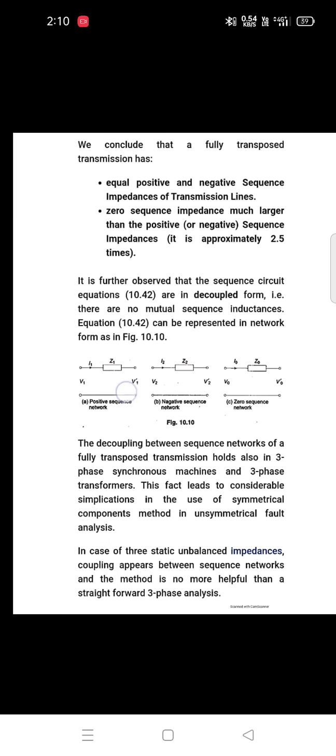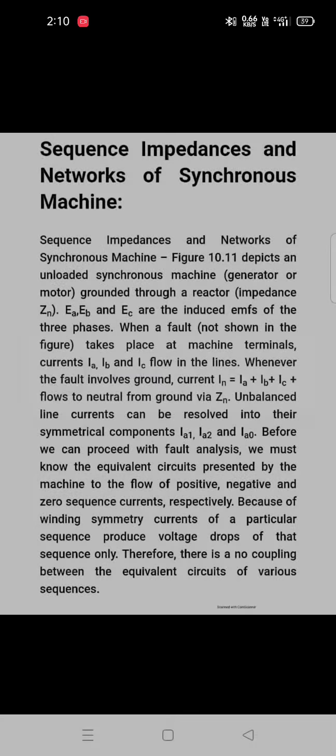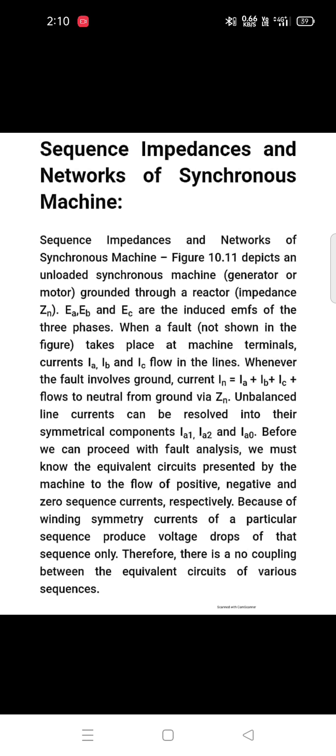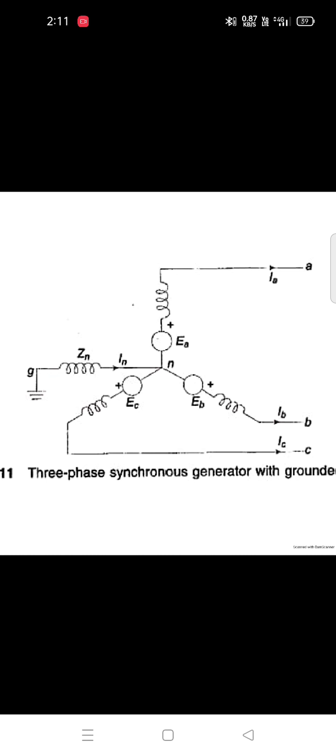We saw the impedance of a transmission line, and now we are using sequence impedances and networks for a synchronous machine. Here is an unloaded synchronous machine, or generator, grounded through a reactor impedance Zn. Ea, Eb and Ec are the induced EMFs of the 3 phases.